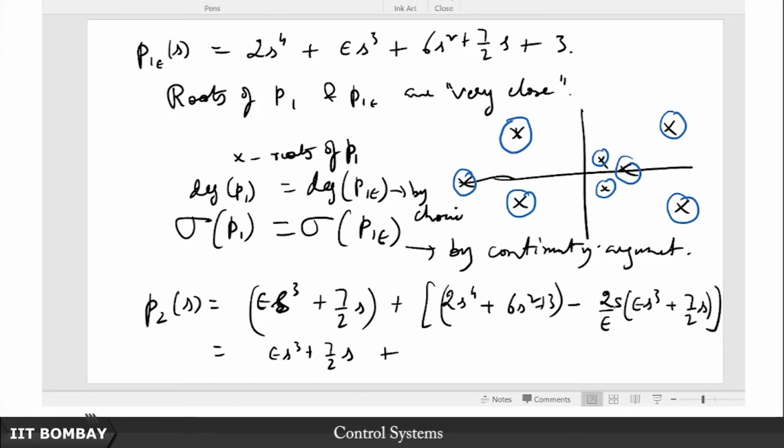So this 2s to the power 4 gets cancelled, and what you are left with is 6 minus 7 by epsilon, s squared plus 3. Clearly, for very small epsilon this is going to have a change of sign, as we just deduced also.